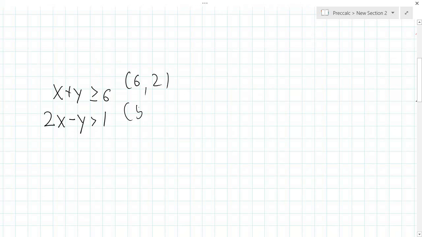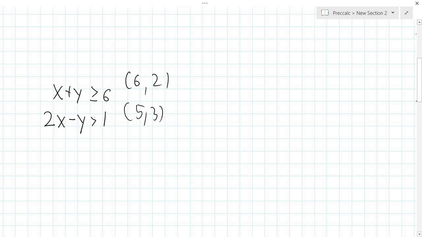So is 5, 3. Now here's the key difference between solutions to systems of equations and solutions to systems of inequalities. In a system of equations, there's usually only one x and y value that work in both.